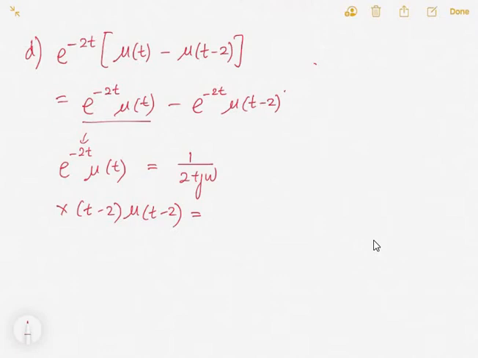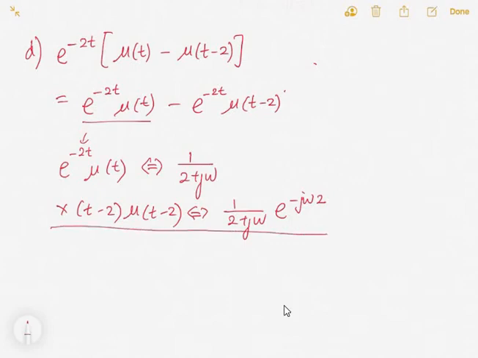Yes, we have 1 over 2 plus j omega, and then e^(-j omega 2). This part is from the formula of the time shifting.